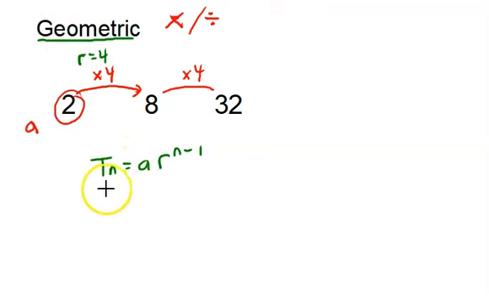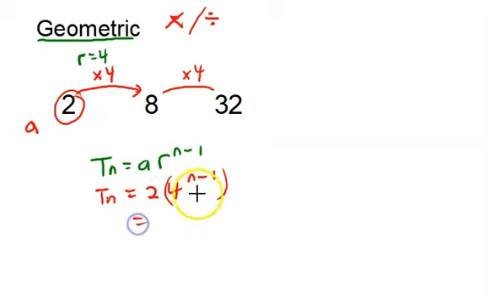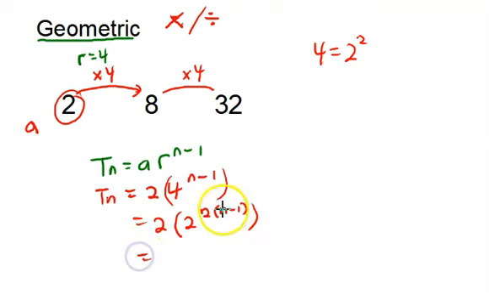Okay, now we just have to substitute the A and also the R. So A is 2, R is 4, power of n minus 1. We can even simplify this. Now the 4 is 2 to the power of 2, and here will be n minus 1, and we just have to simplify this.